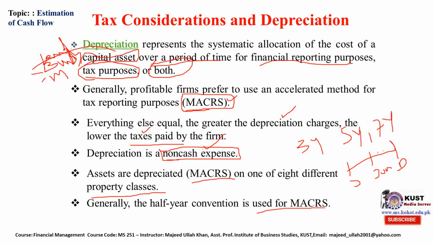If we purchase an asset in July or August, we will charge depreciation for the whole half year. Similarly, if we buy an asset in March, we will charge depreciation for this half year. That is called the half-year convention. We will not charge for these 3 months separately; it will be charged for the whole half year.